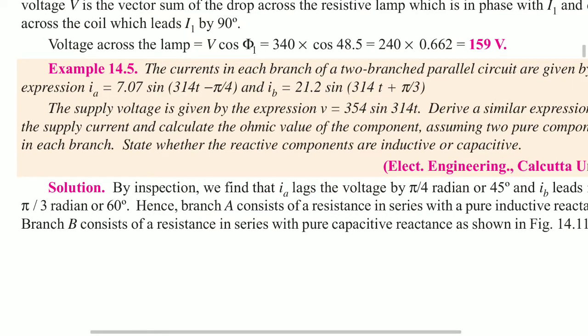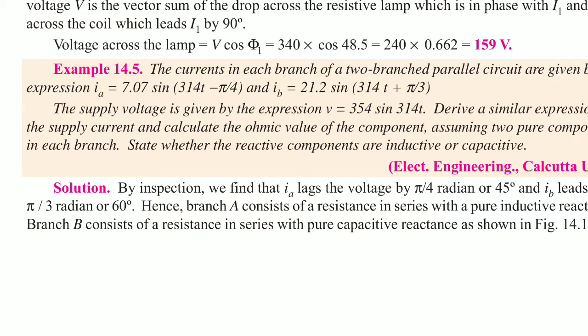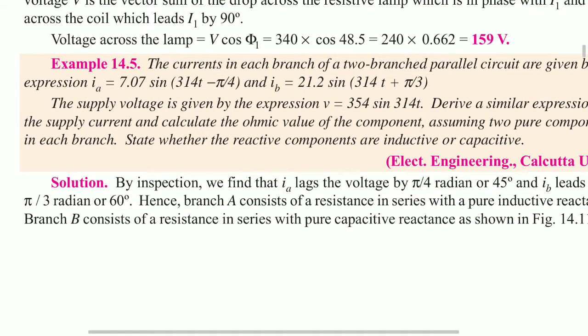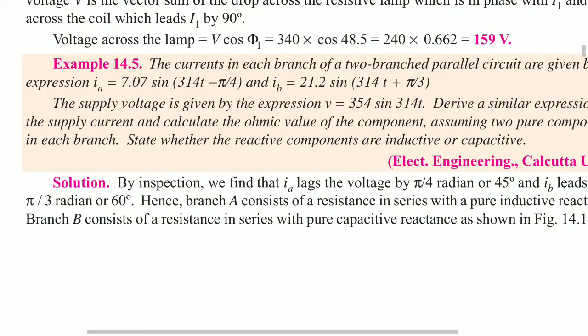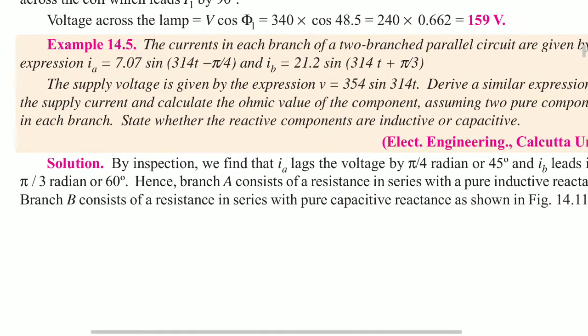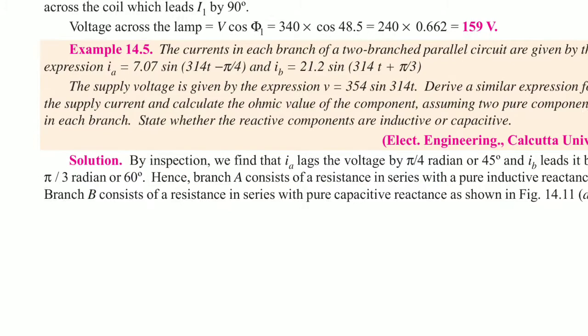So here in a parallel AC circuit, the branch A and branch B currents are given. IA and IB are given in the question.